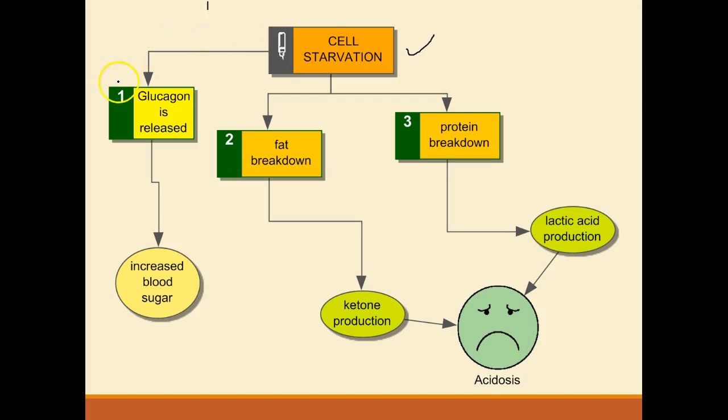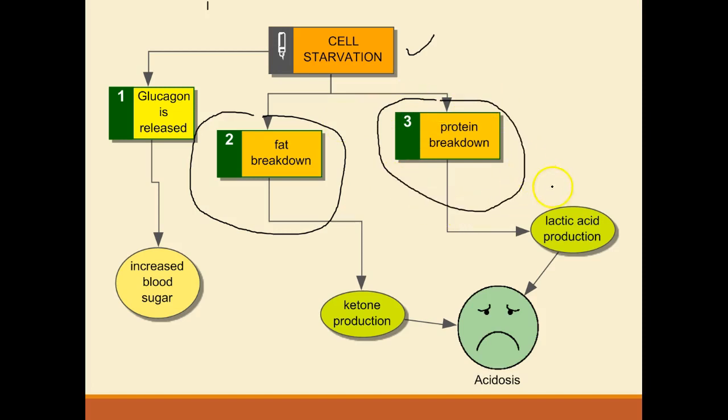But if this doesn't work, what it's next going to do, kind of plan B, is to break down fats. And the unfortunate byproduct of fat breakdown is ketone production, which leads to acidosis. If somebody goes well beyond this, and I would say is getting quite dire, if fat breakdown doesn't work, then you have protein breakdown, which its byproduct is lactic acid, which still ultimately leads to metabolic acidosis.